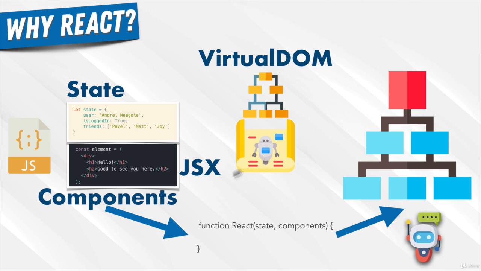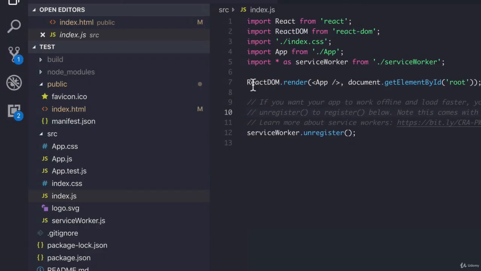It allows us to write JSX and build components and build that virtual DOM. And the React DOM is this little robot that actually interacts with the DOM. So if we go to the code, you see that React DOM render allows us to grab an element from HTML and insert app into it. That's all it's doing. All right, that's enough for now. Let's keep going in the next video.